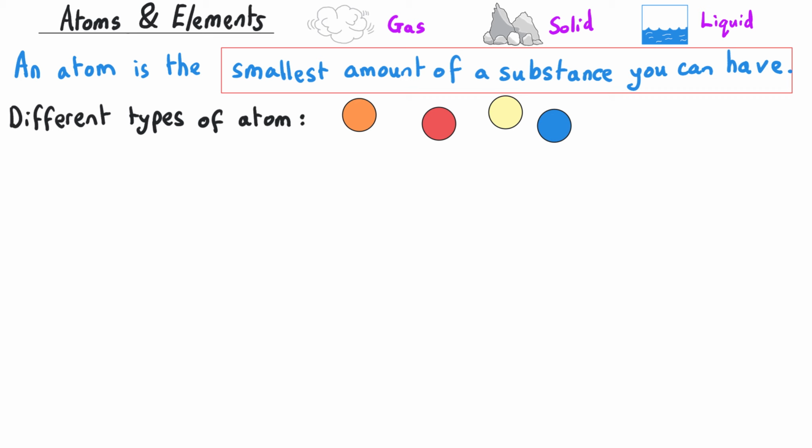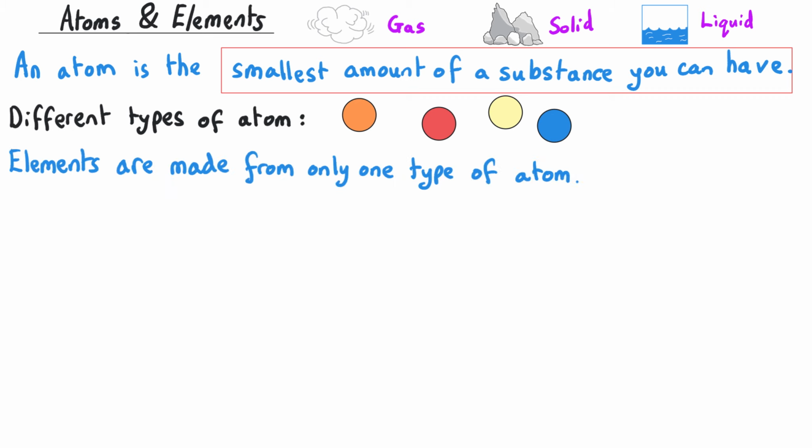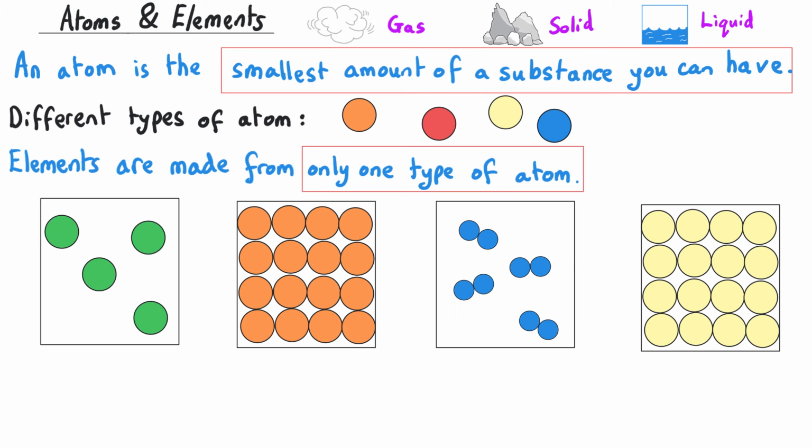have got different colours. Elements are substances that are made from only one type of atom. And these diagrams show examples of different elements with their particles arranged in different ways. But what they have in common is all of the particles and all of the atoms in any of these boxes are the same size as each other and they're shown as being the same colour as each other.